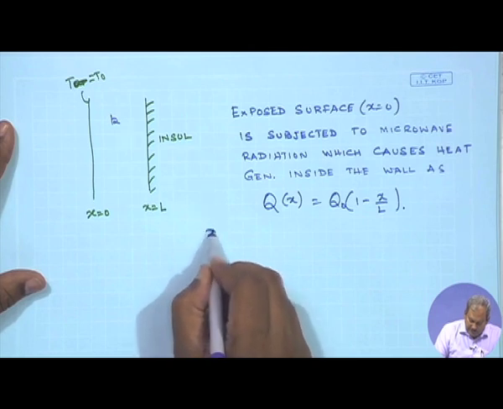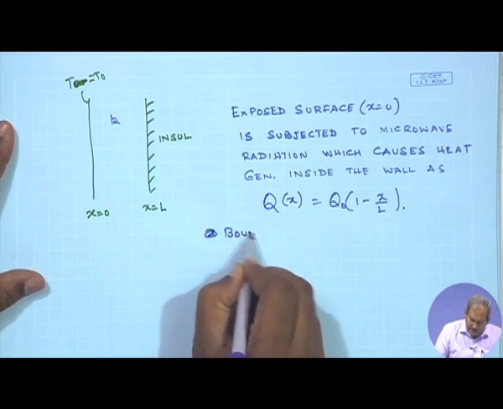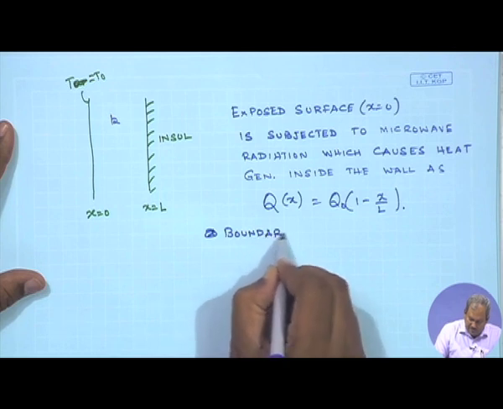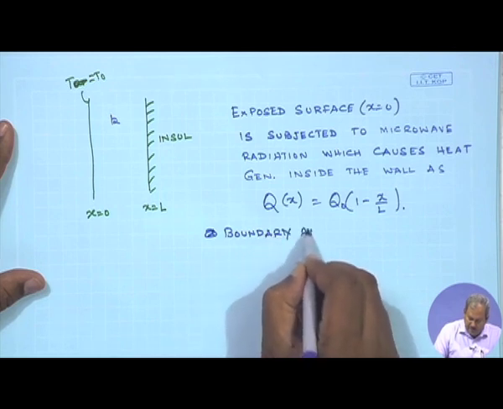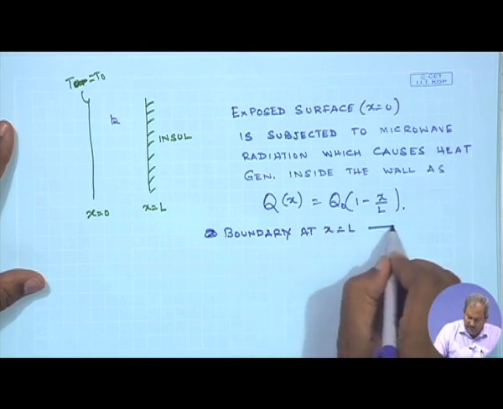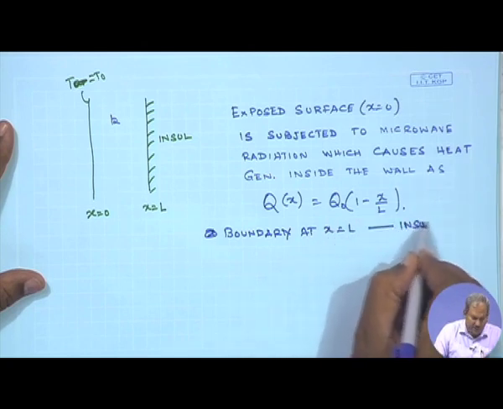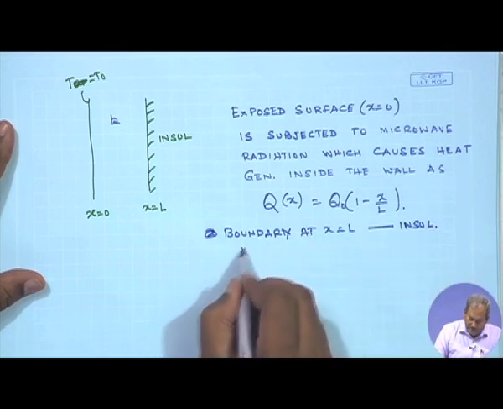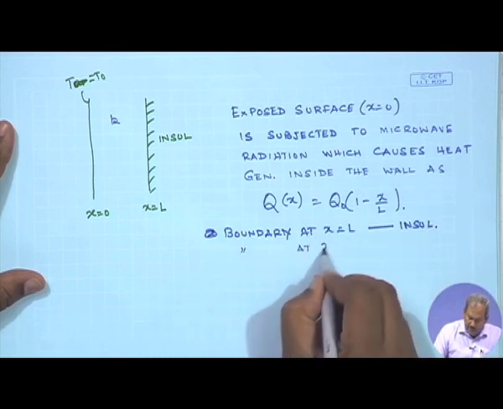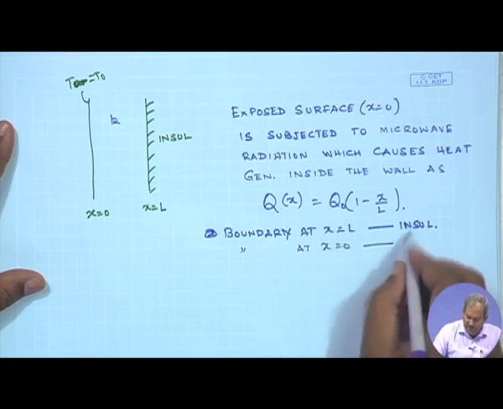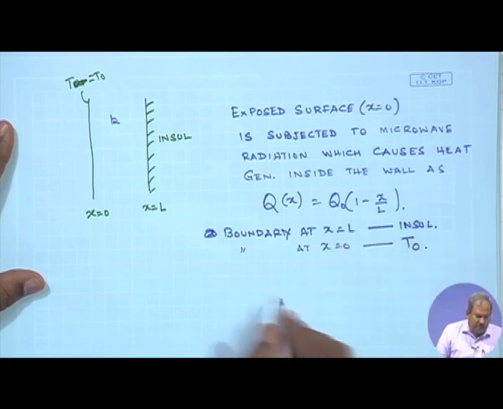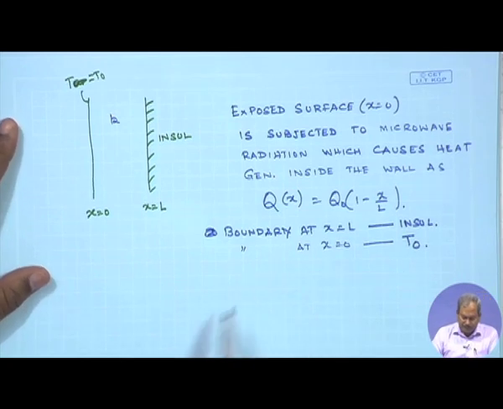The boundary at x equals L is insulated, and the boundary at x equals 0 is maintained at a temperature equal to T0.